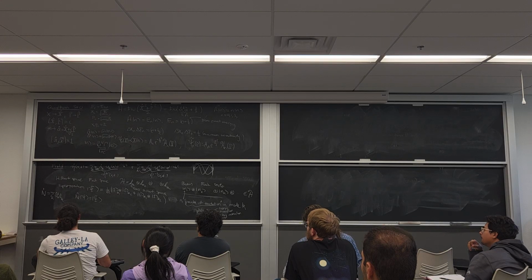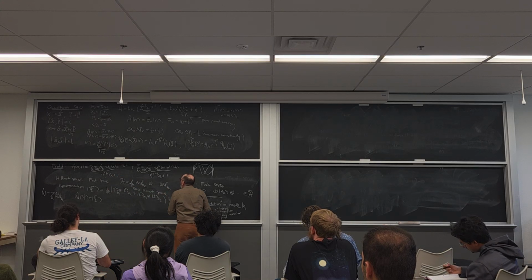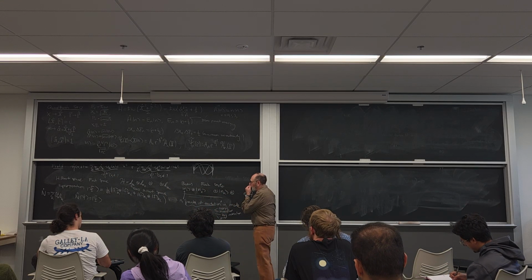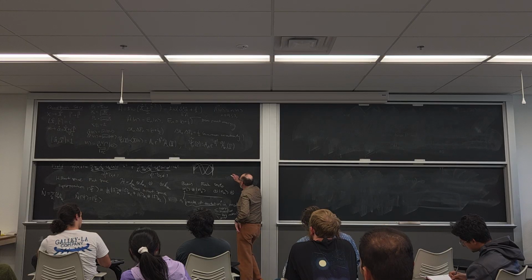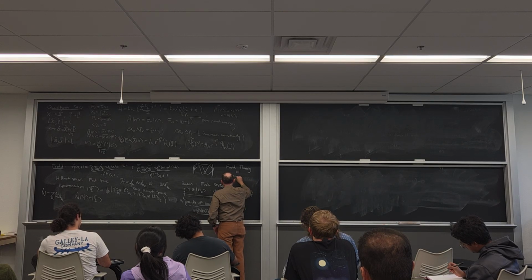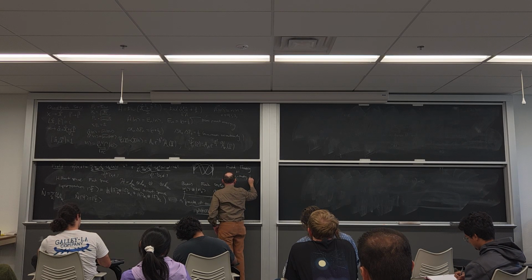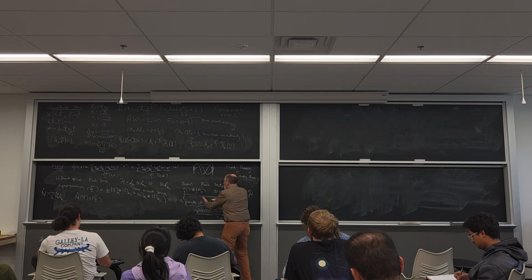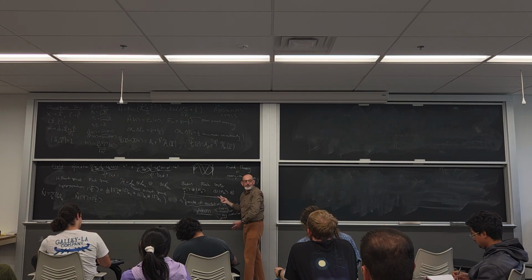I can think about the state. Okay, so a few things I want to say, which is that field theory is intimately related to many body physics. Because I can have multiple particles, right?